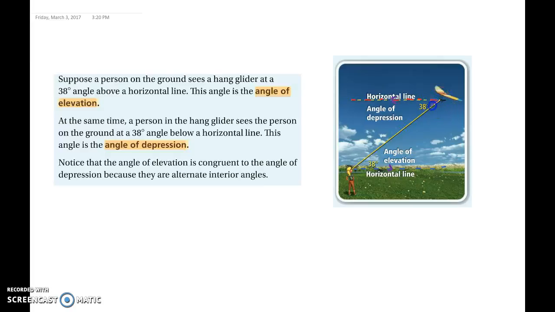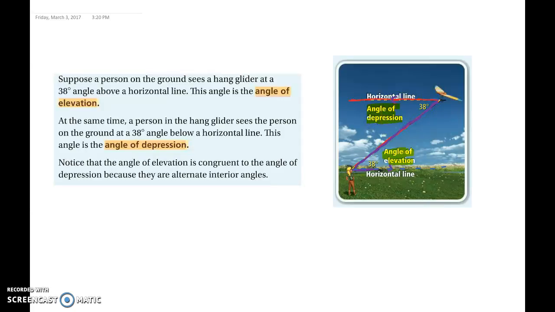Now, if the hang glider is looking down at the woman and she's looking up at him, this is their line of sight. So her line of sight is above her natural horizontal line. So this is an angle of elevation because she's looking up. Here's the natural eyesight of the hang glider, as if he was looking straight, and now he's looking down at her, so it is an angle of depression. Right?